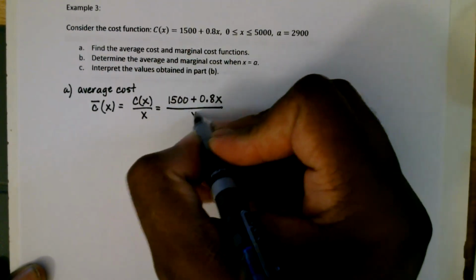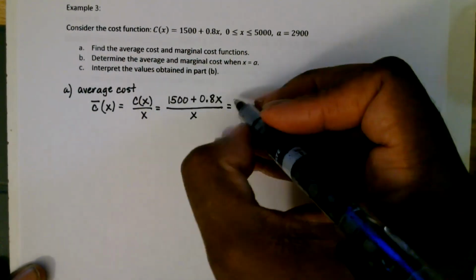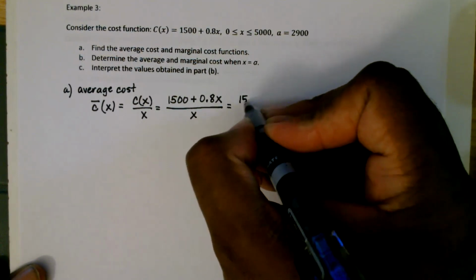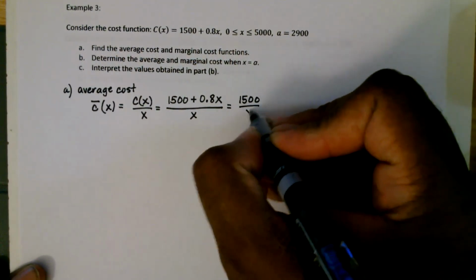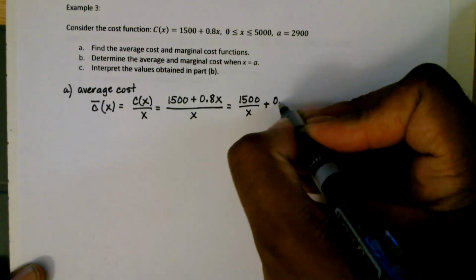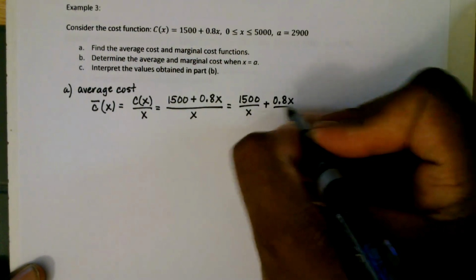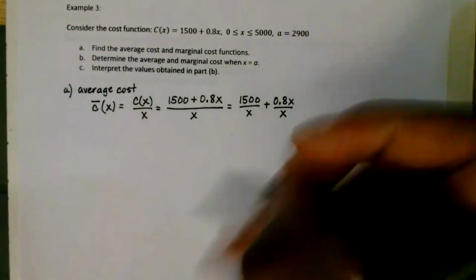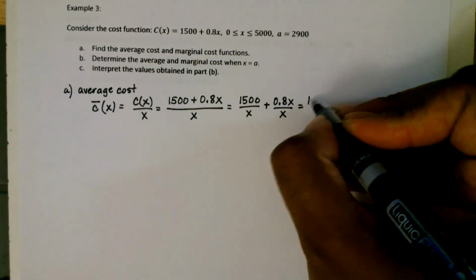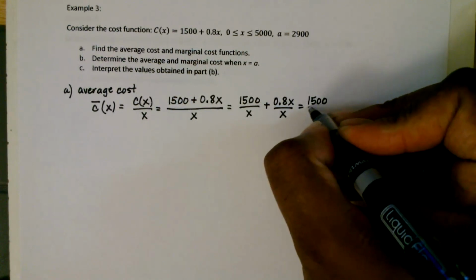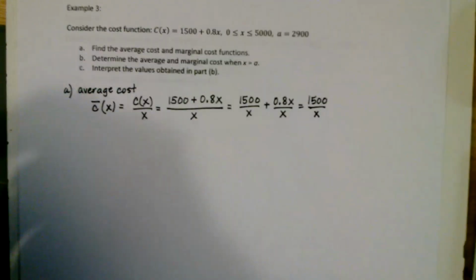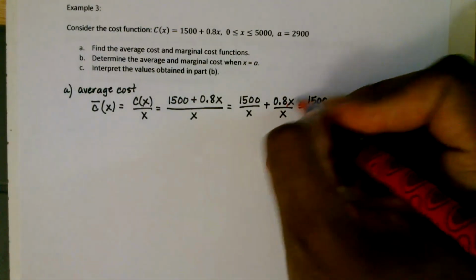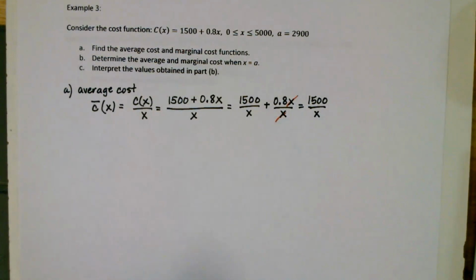All that's divided by x. Now what we can do is write that as 1500 divided by x plus 0.8x divided by x. Just break each one of those apart. So 1500 divided by x would just be 1500 over x. But 0.8x divided by x, here the x is divided out. You'll be left with 0.8.